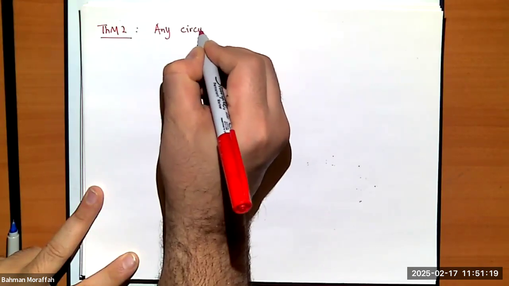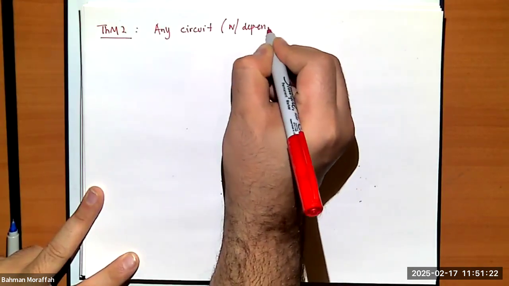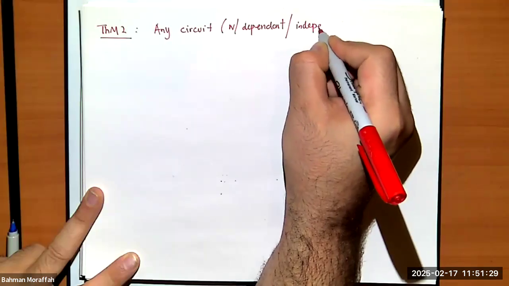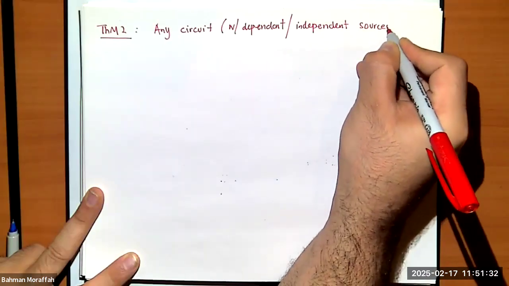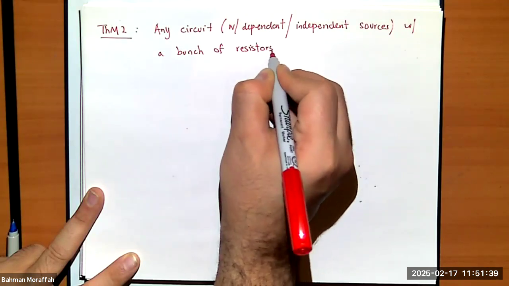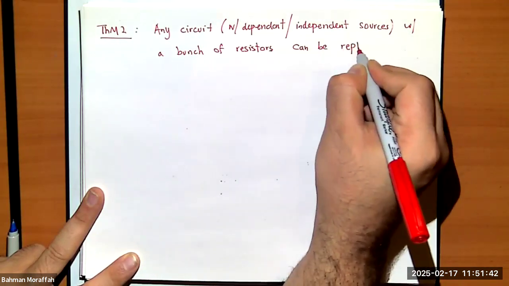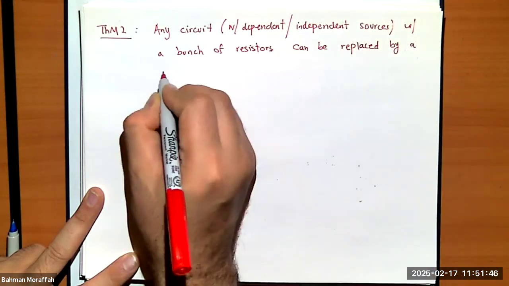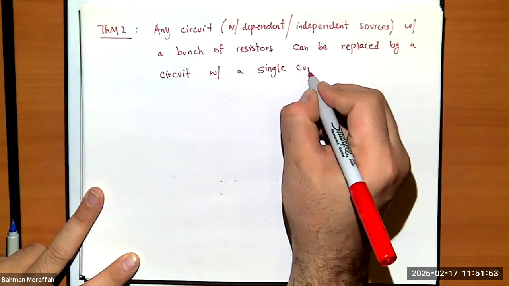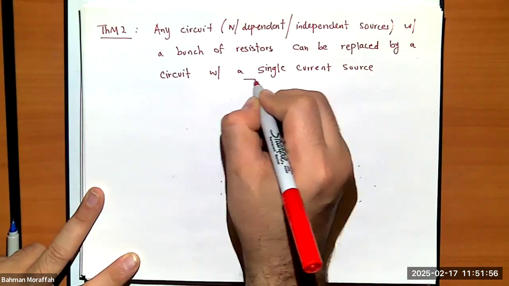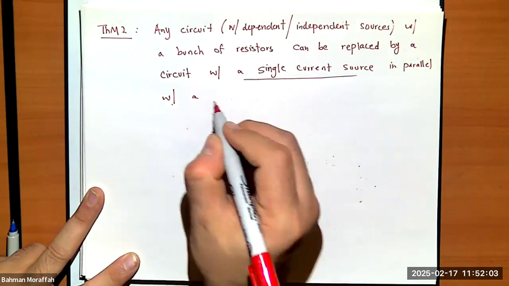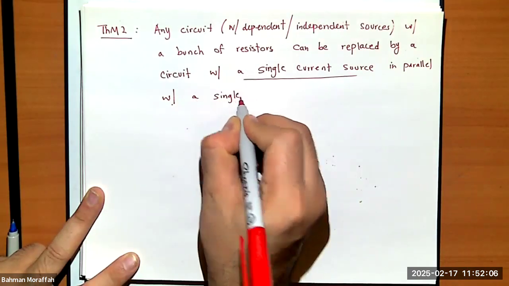Any circuit, again with dependent and/or independent sources, with a bunch of resistors, can be replaced by a circuit with a single current source in parallel with a single resistor.